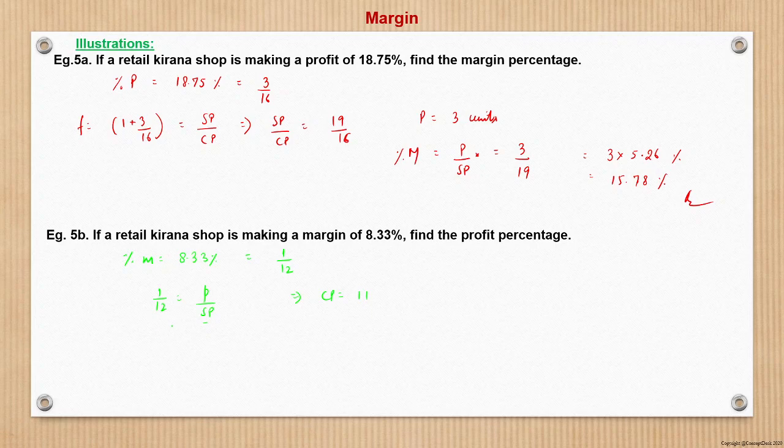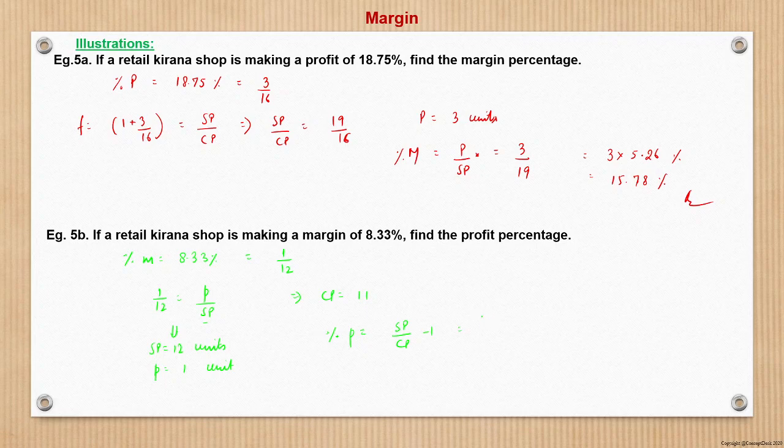If SP is equal to 12 units, then profit is equal to 1 unit. So CP will be SP minus profit, which is 12 minus 1, that is 11 units. So what is the percentage profit? Percentage profit we can obtain as SP by CP minus 1.